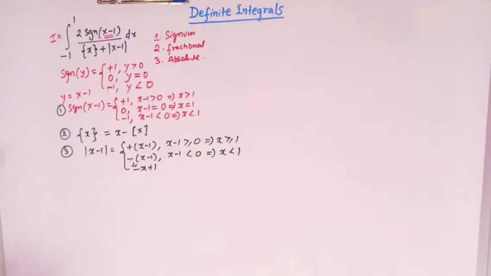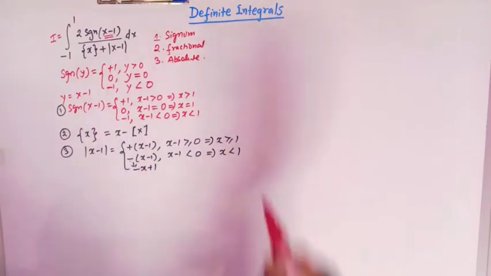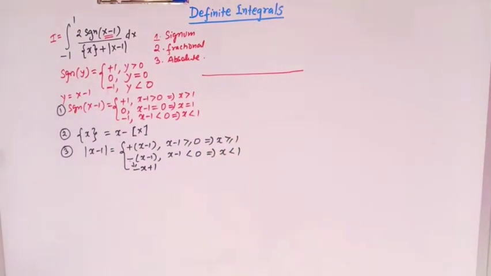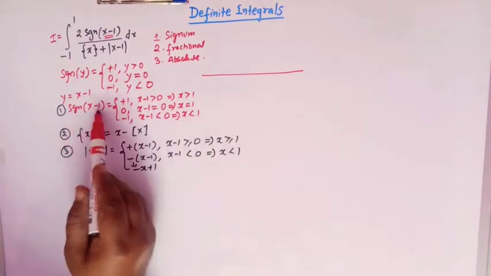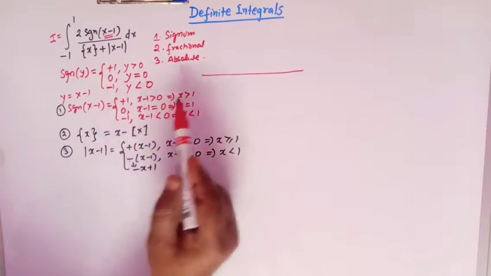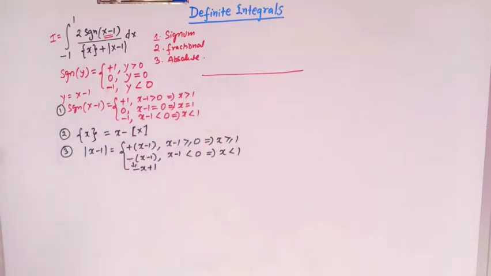Once we have seen the definitions of these three functions, let us now take the real number line. Here we see that signum of (x minus 1) is equal to 1 whenever x is greater than 1.